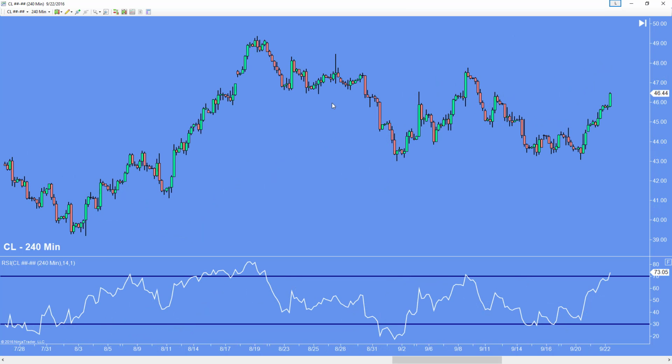Now let's finish up the type 2 divergence, hidden divergence, with a bearish hidden divergence signal, where we have price making a lower high while the oscillator is making a higher high.